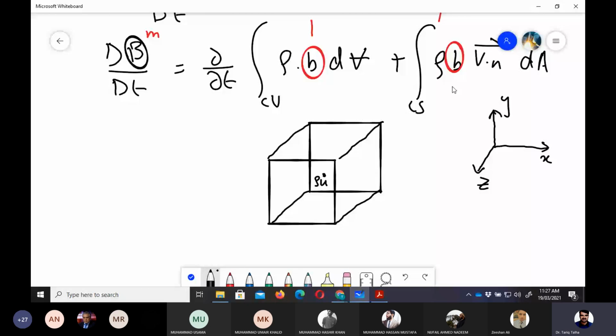If this distance is delta x, this distance is delta y, and this distance is delta z.